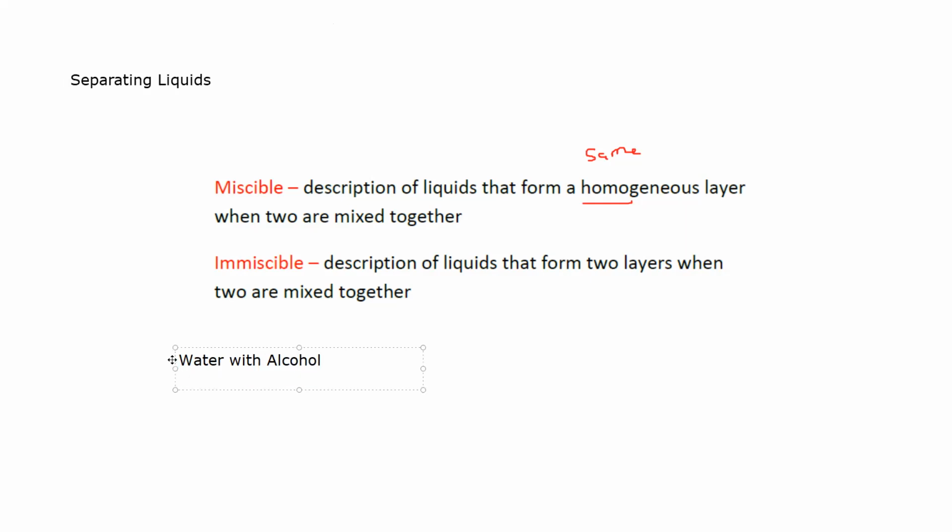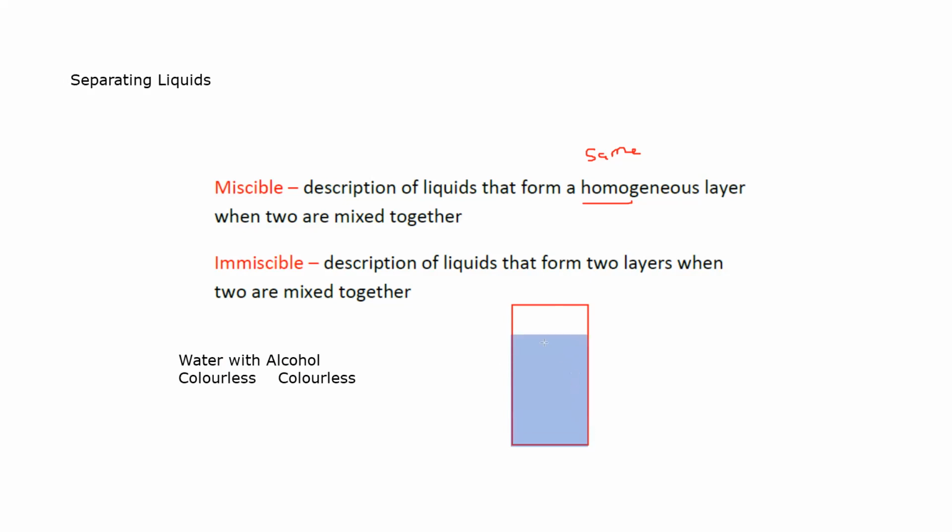When you mix water with alcohol, water is colorless, and alcohol is also colorless. So if you have a container and you mix both of them together, the mixture will appear as one.